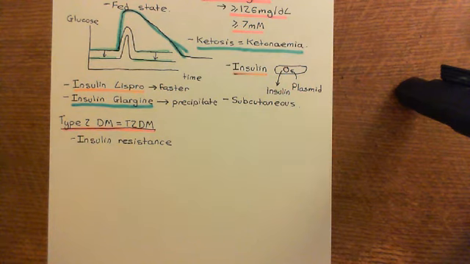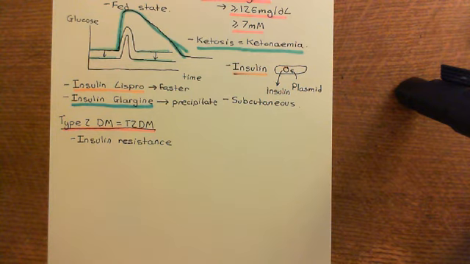So there are problems with the pathway downstream of the insulin receptor. The insulin still binds to its receptor, but now the insulin receptor isn't capable of triggering the same downstream pathways as it was before. So the effect that insulin has on the cells of the liver, the skeletal muscle, and the adipose tissue is going to be reduced.